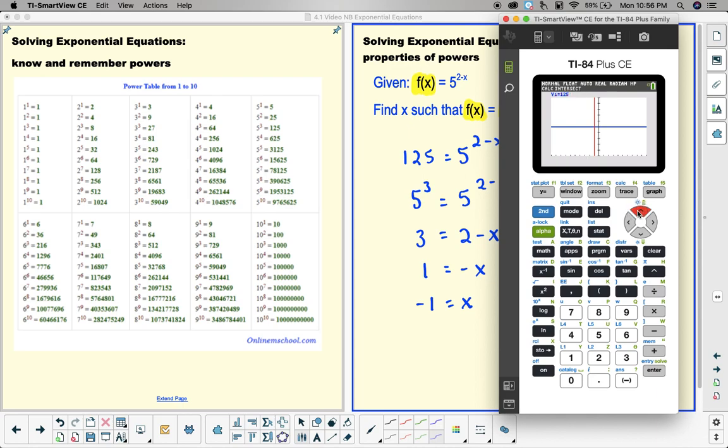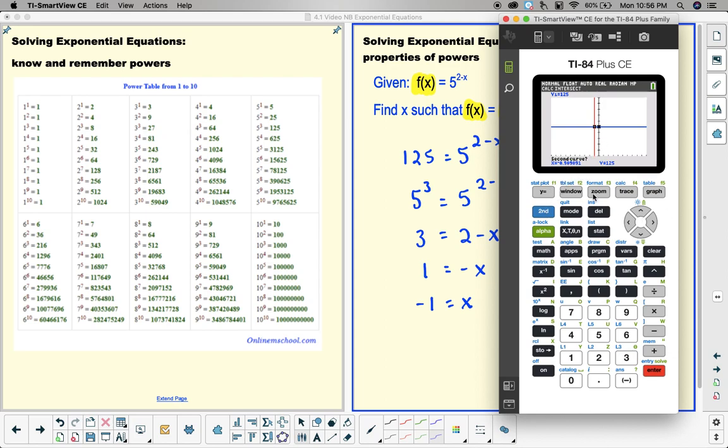Boom. Well, this is rather annoying, isn't it? I think I'm zoomed in so much that I can't get to that second curve. Darn it. So I'm having technical issues.